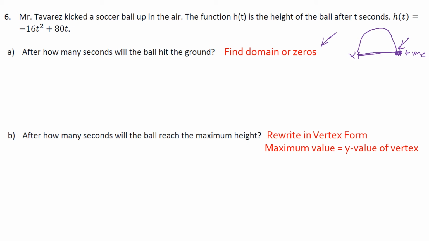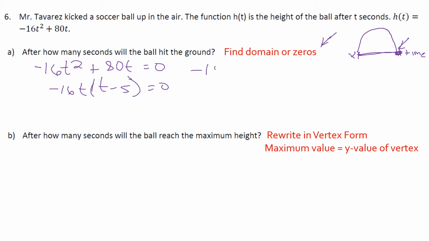And so we can solve this by just factoring. We only have 2 terms, so I could just factor out a GCF. So greatest common factor is -16t. I divide, I get t minus 5 equals 0.